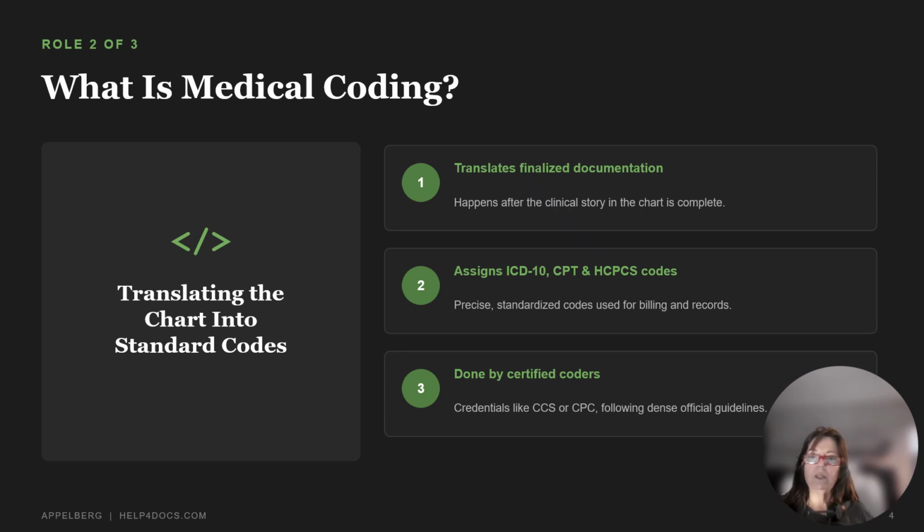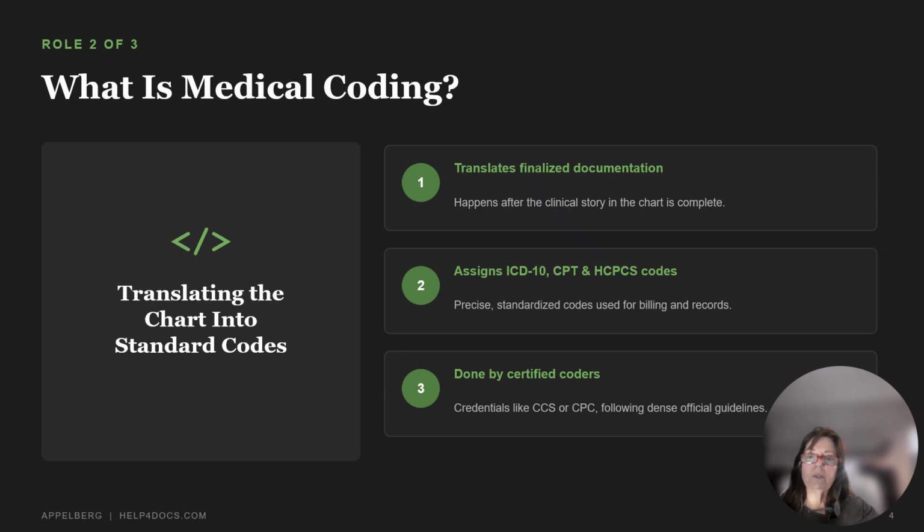One wrong digit in a code, or coding conditions in the wrong sequence, can change reimbursement, trigger a denial, or misrepresent an encounter entirely. So coders go through extensive certification and training, like a CCS or a CPC. Commonly, risk adjustment coders have a CRC, Certified Risk Coder, specifically because the coding guidelines are dense and constantly updated.